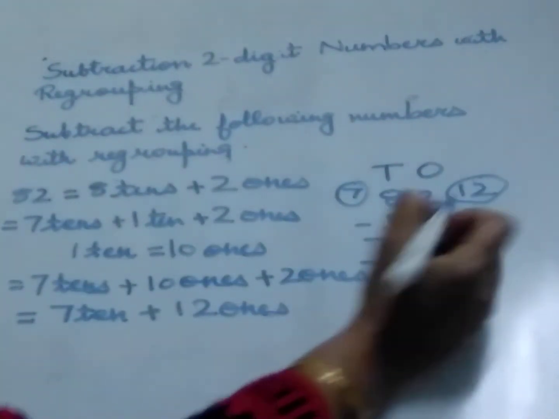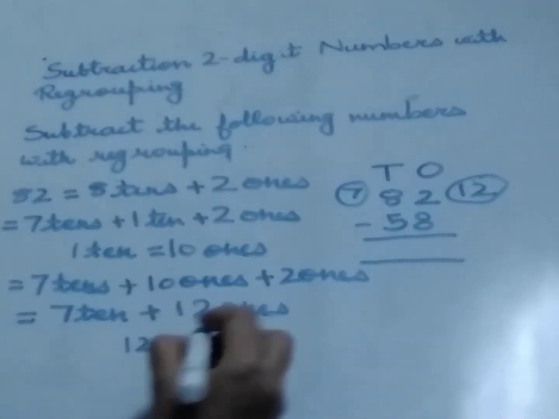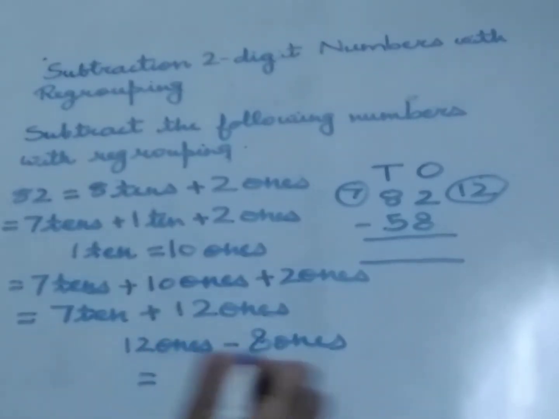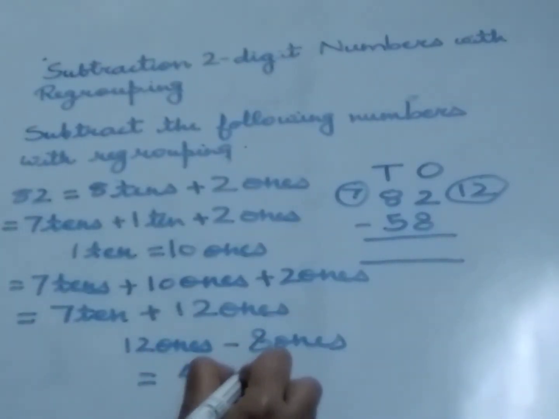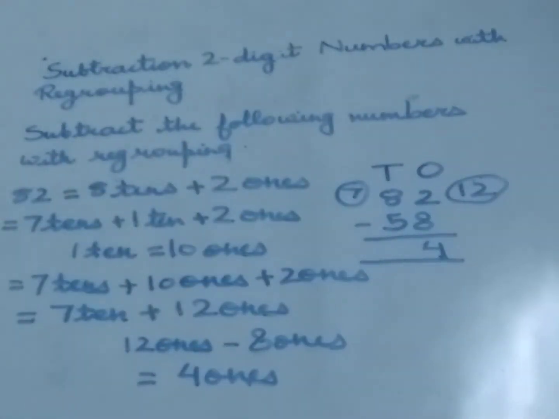Now subtract the ones first. 12 ones minus 8 ones gives you 4 ones. So write 4 as the difference in the ones column.